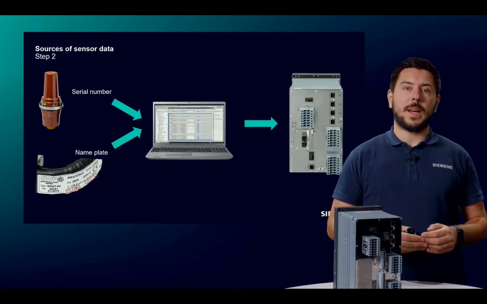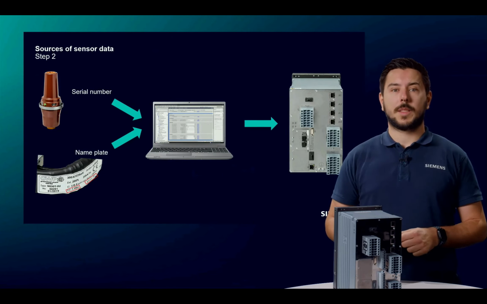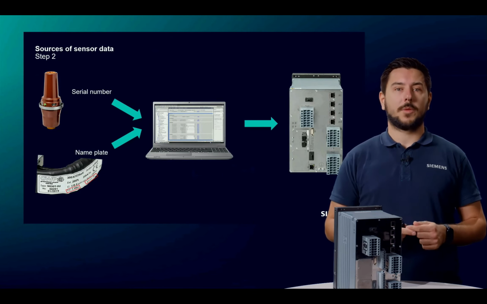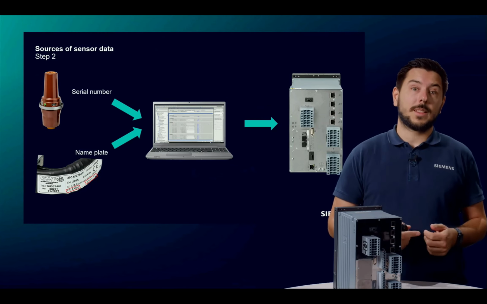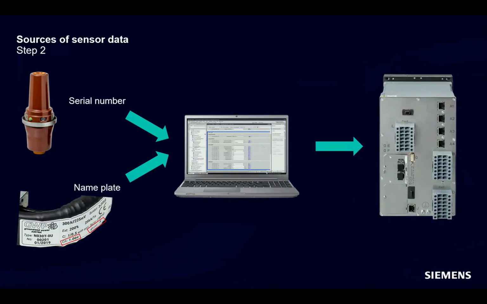Depending on whether the respective manufacturer provides the piece-specific data, there are two ways of inserting the correction factors. The first and easiest way is via the serial number of the switchgear panel. With this number, the complete data set of the sensors is found in the database and transferred into DIXI. No further adjustment of the sensor is necessary afterwards. The second way is via the nameplate of the sensor.